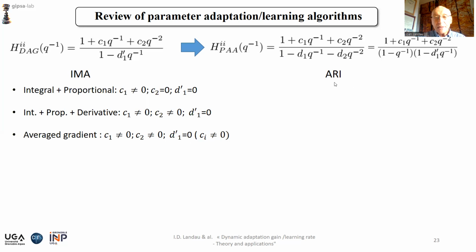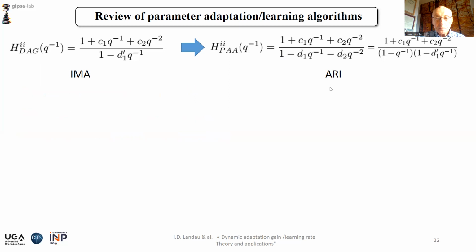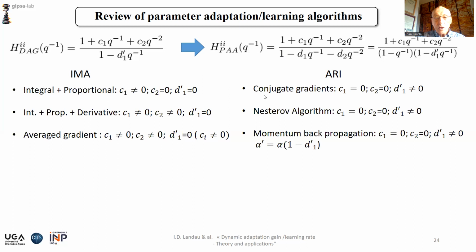Now, the autoregressive integrator algorithm. In this category, we have the conjugate gradient, where C1, C2 is 0, D1 prime is different. We have the Nesterov algorithm, which is similar.